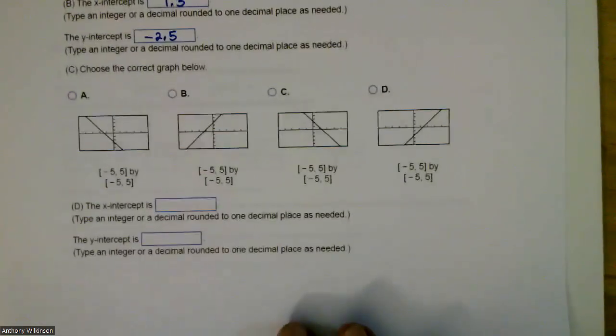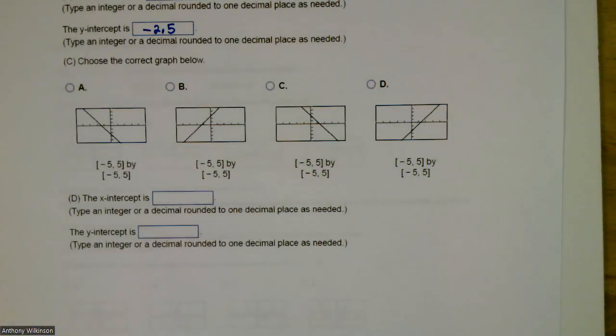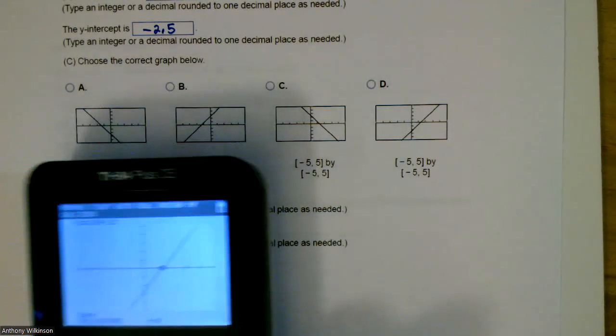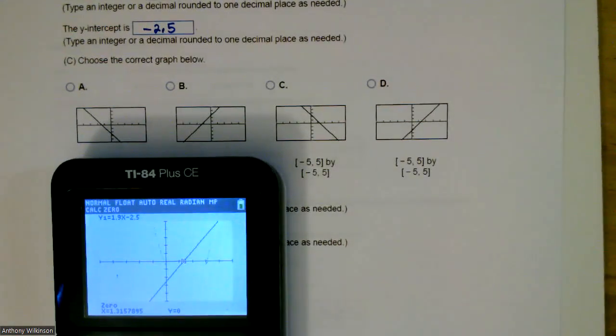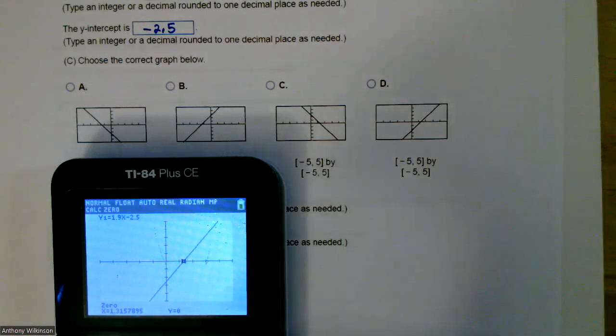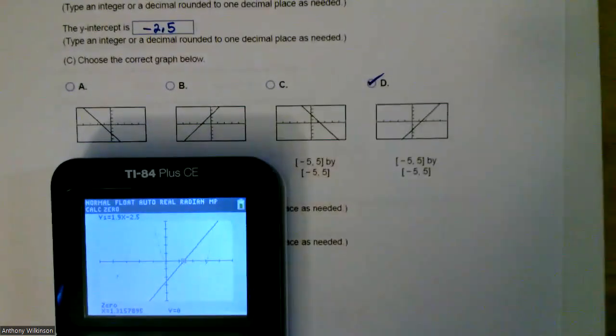And they ask you to choose the correct graph. So if I look at this graph with the others, it will have to be graph D. Has to be.